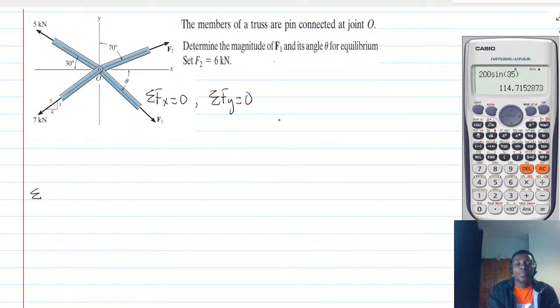All right. So let's look at this problem together. So we want to look at equilibrium of particles, okay?